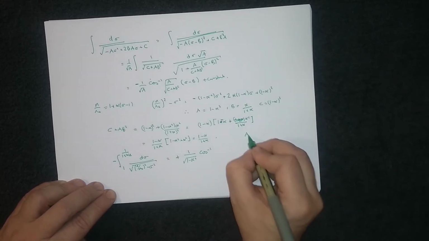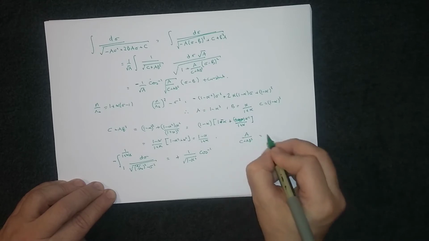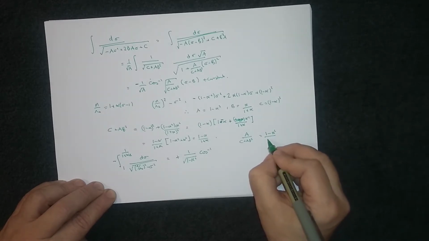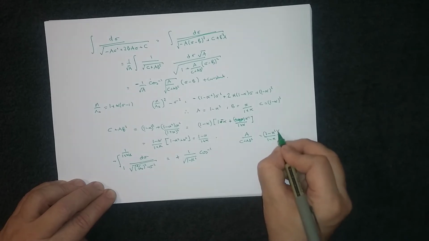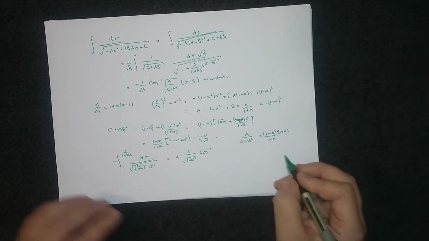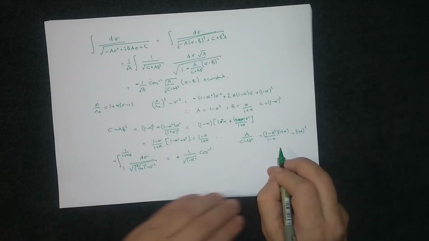Okay, a over c plus ab squared is 1 minus alpha squared over 1 minus alpha, 1 plus alpha, and that's just 1 plus alpha all squared.